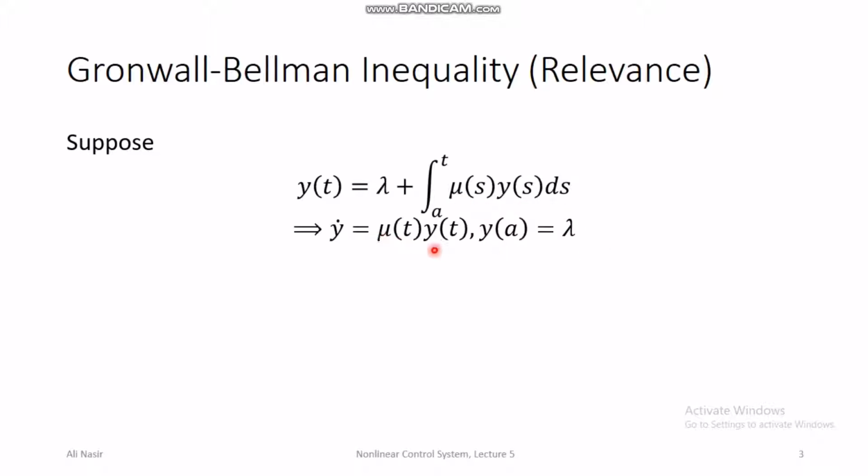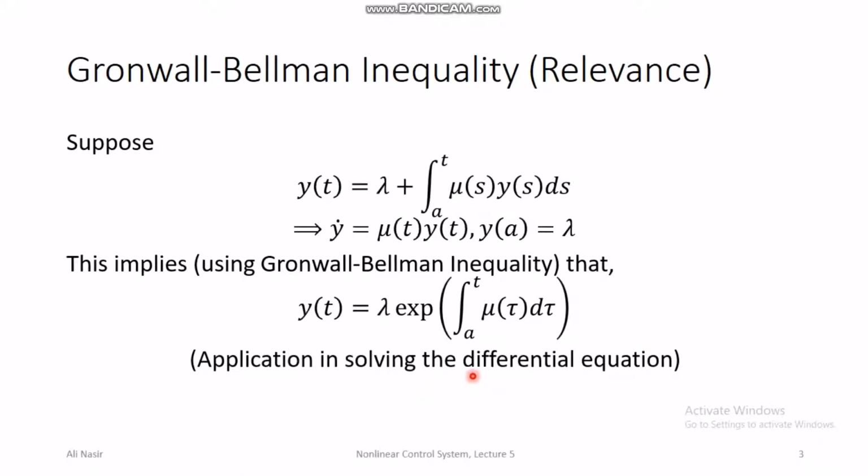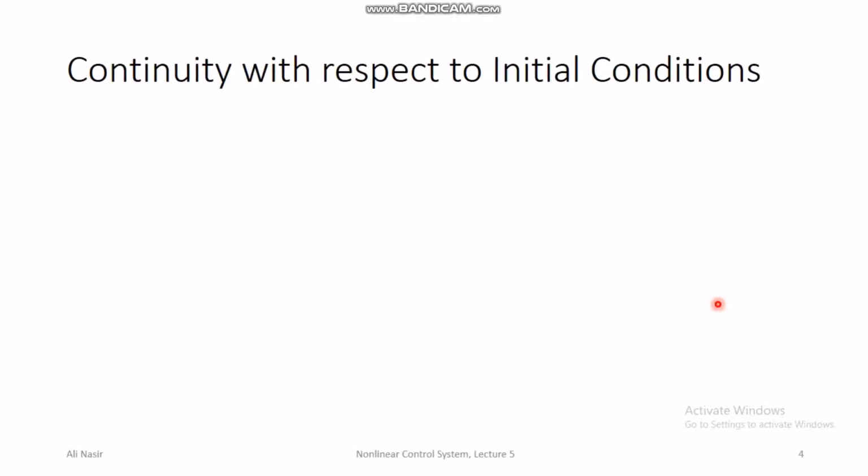So this is why the Gronwall-Bellman inequality is relevant to control systems theory, because of its similarity to the solution of a differential equation. All right, so that's all we are going to talk about Gronwall-Bellman inequality.